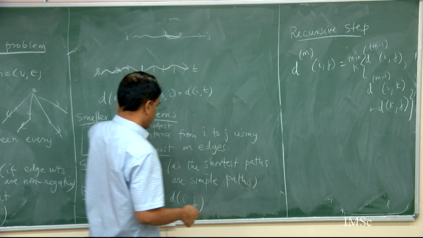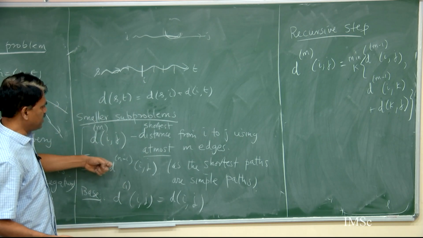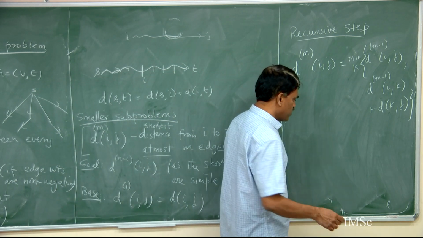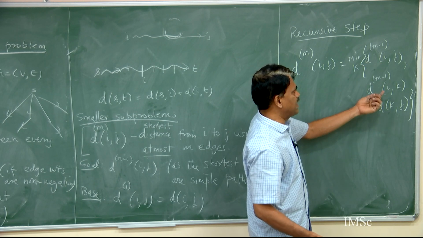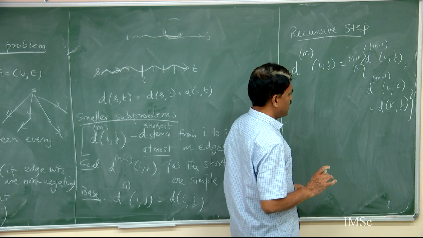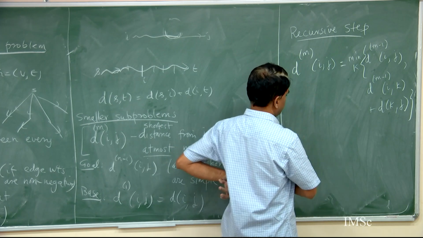Finally, I go from D1 to D2, D3, and finally I get to D n minus 1. And you are saying, why do I want to go from D m minus 1 and then add 1? Very good observation. We'll make that observation and get an improved algorithm, but let's understand the running time of this algorithm.